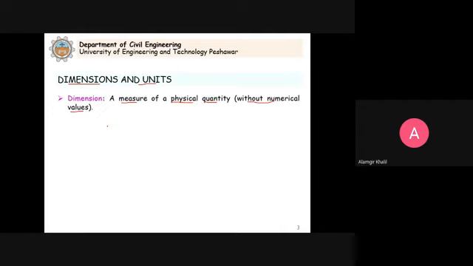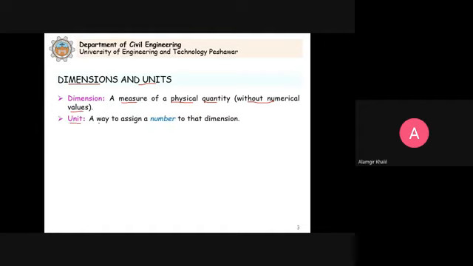But the fundamental dimensions are the length, the mass, the time, and other quantities. So dimension is a measure of a physical quantity without numerical values. You will see the examples. What is a unit?